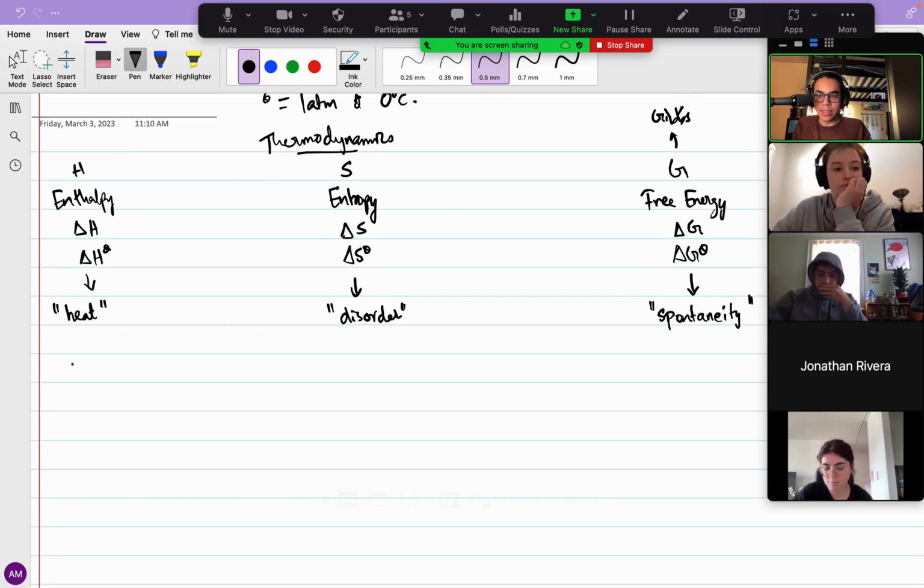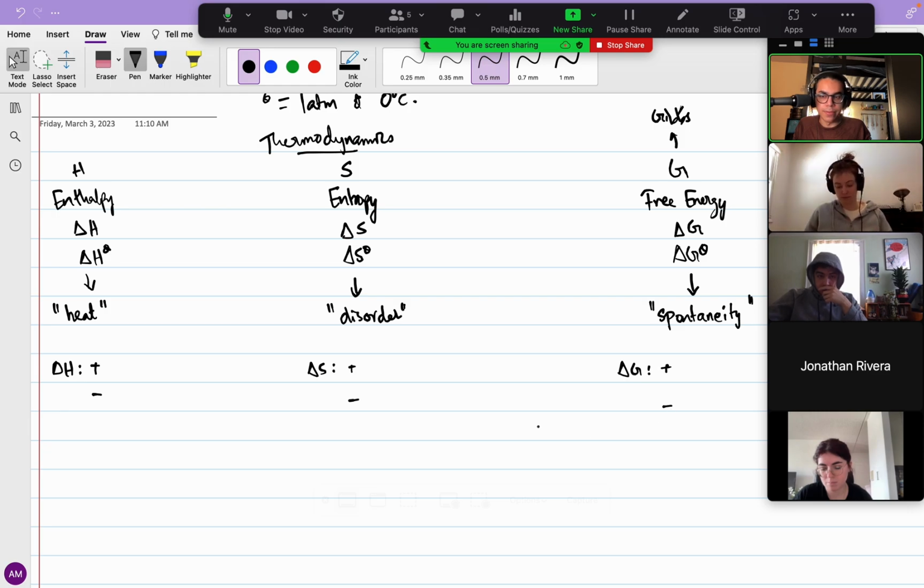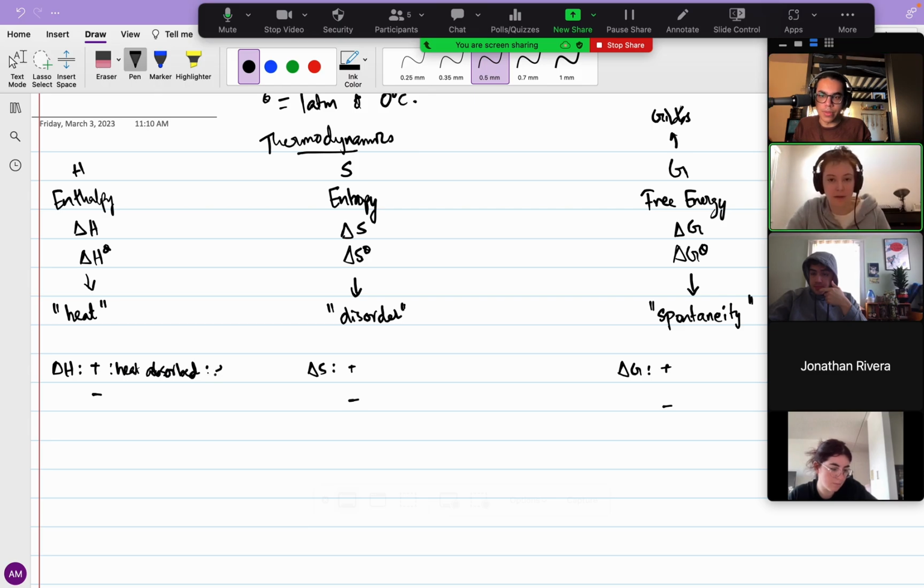And in each case, the sign tells you different things, right? So delta H could be positive or negative, delta S could be positive or negative, and delta G could be positive or negative. If delta H is positive, heat is, you tell me, absorbed or released? Absorbed. Heat is absorbed, and what do we call such a reaction? Endothermic, exactly.